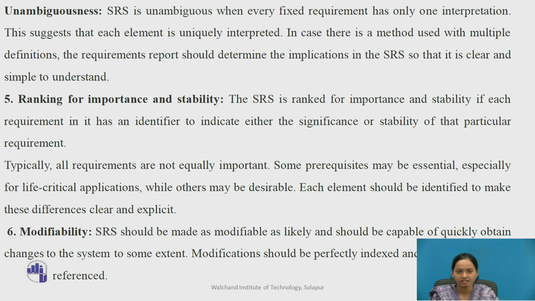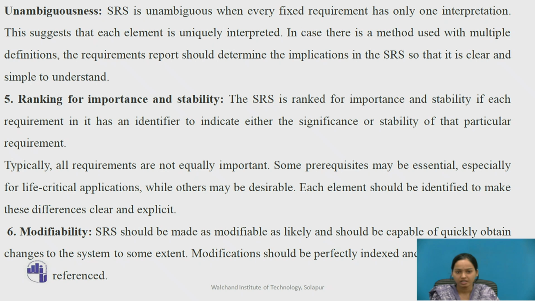Next one is ranking for importance and stability. The SRS is ranked for importance and stability if each requirement is identified to indicate either the significance or stability of that particular requirement. Next one is modifiability.